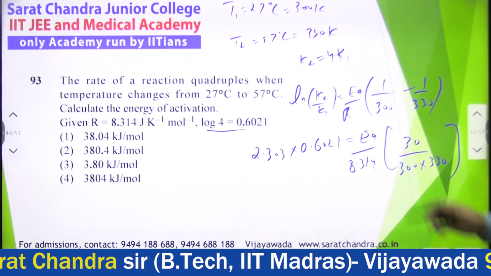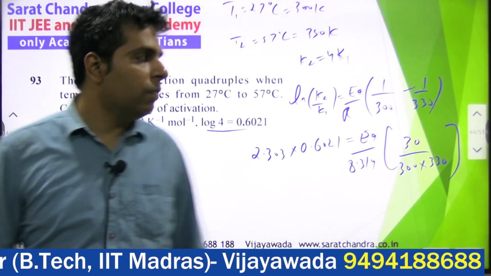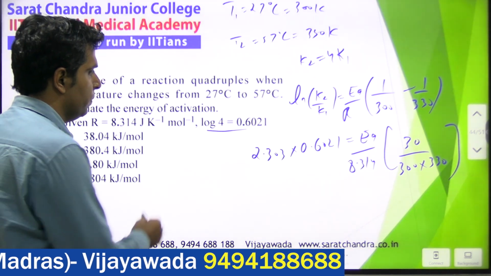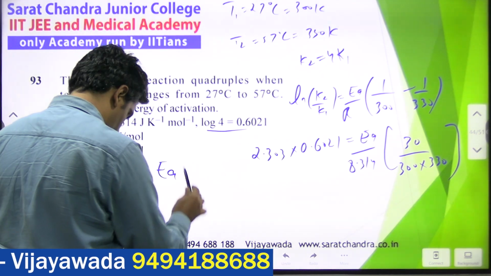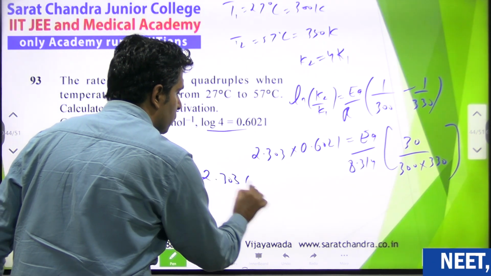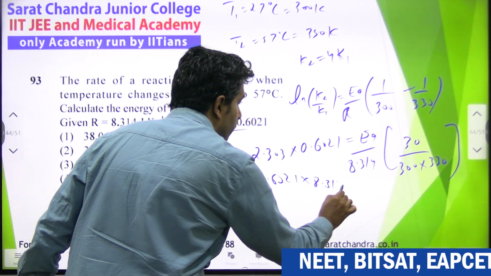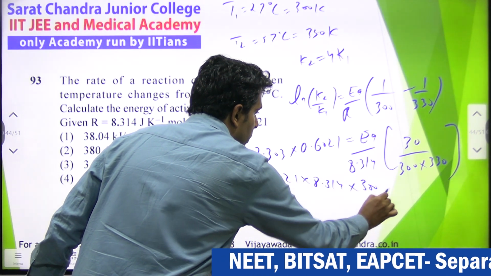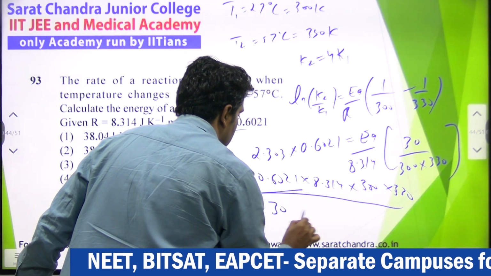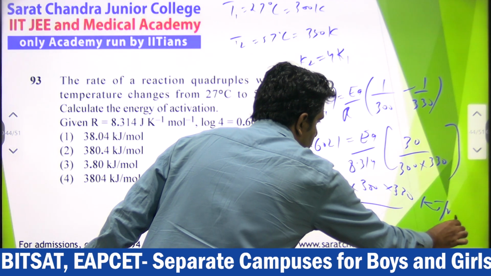So from here we'll get the activation energy in joules per mole. If we want in kilojoules per mole, we have to divide this value by 1000. So activation energy will come out to be 2.303 into 0.6021 into 8.314 into 300 into 330 by 30. And if you want in kilojoules, divide by 1000. So this will be kilojoules per mole.